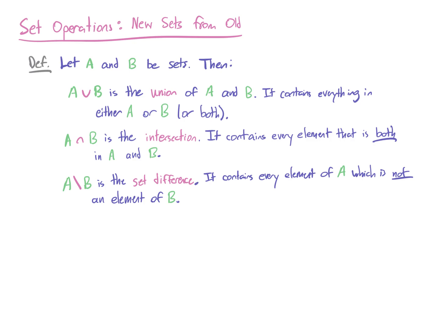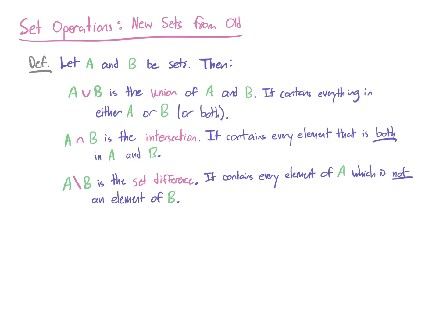Much like the way that logical operators allow us to form new logical propositions from old logical propositions, set operations allow us to form new sets from old sets. So let A and B be any two sets, any at all.